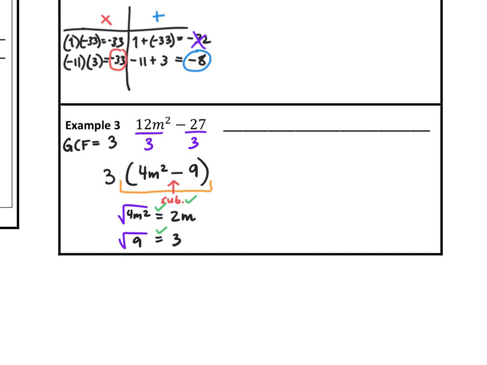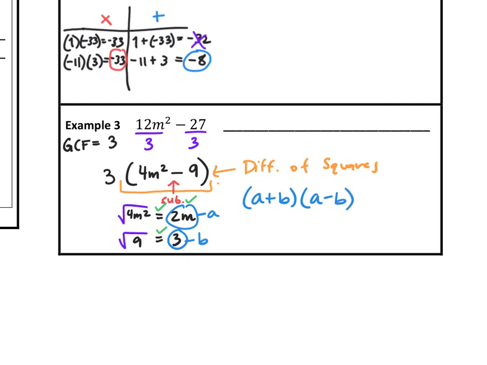This is a difference of squares. And so for a difference of squares, if this is my a, and this is my b, a difference of squares is a plus b times a minus b.